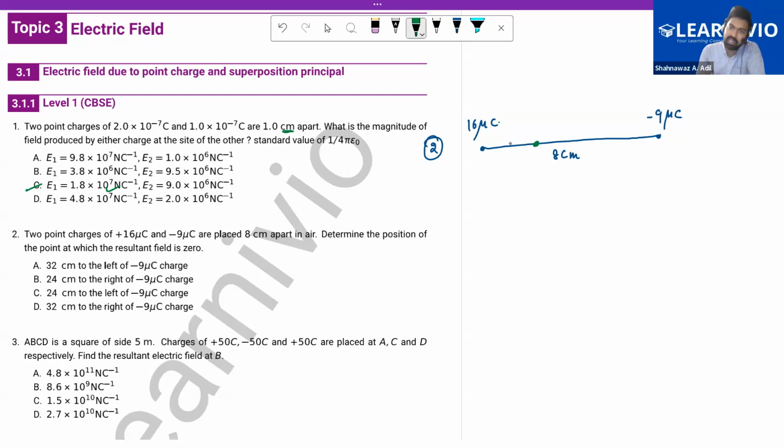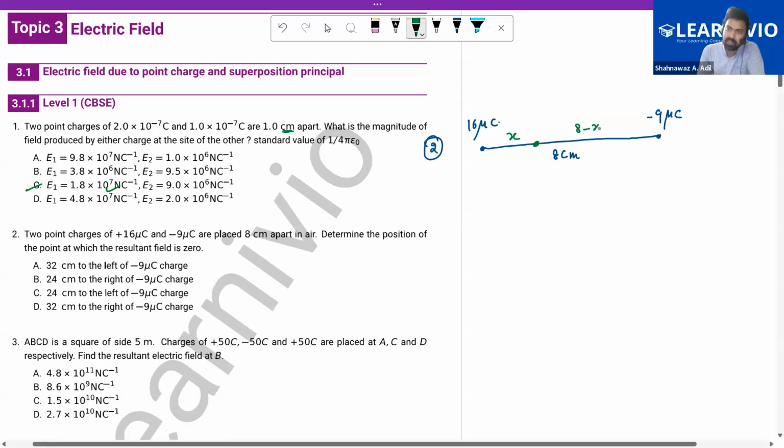So let's say this is some x distance. What would be this distance? Yes, 8 minus x. Absolutely correct. This is the point at which we are calculating the electric field.